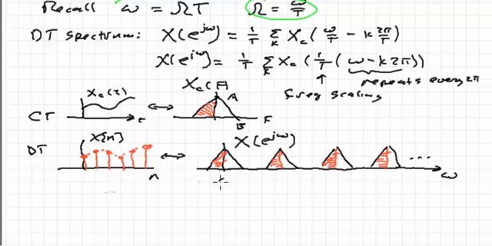So this is at 0, 2π, 4π, 6π. Okay, the amplitude is A over T. This is in hertz and this is in radians, so I kind of mix my units a little bit. But whereas this has a bandwidth of B hertz, this has a bandwidth in radians. Let me call it beta, where beta is equal to 2πB over Fs.